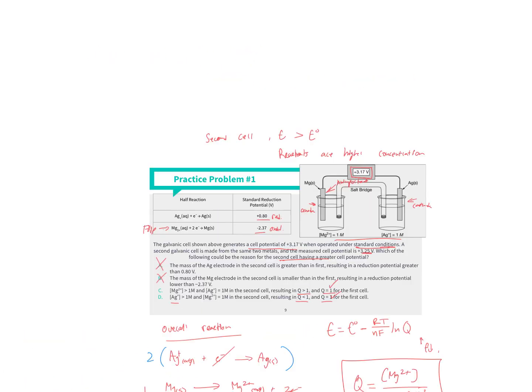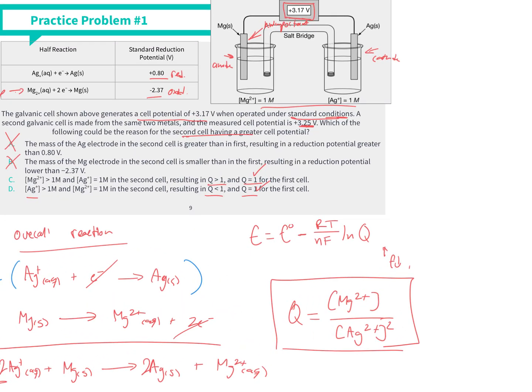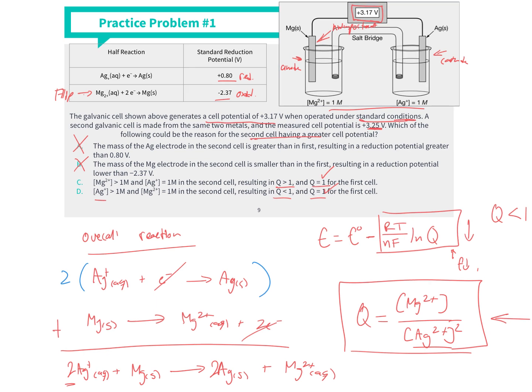We can see here that E is greater than our standard, E0, and so this entire term must have gone down. The only case in which this entire term goes down is if Q is less than 1, which is exactly what we see here. Our Ag+ concentration must be higher, and so the only answer choice that makes sense here is D.